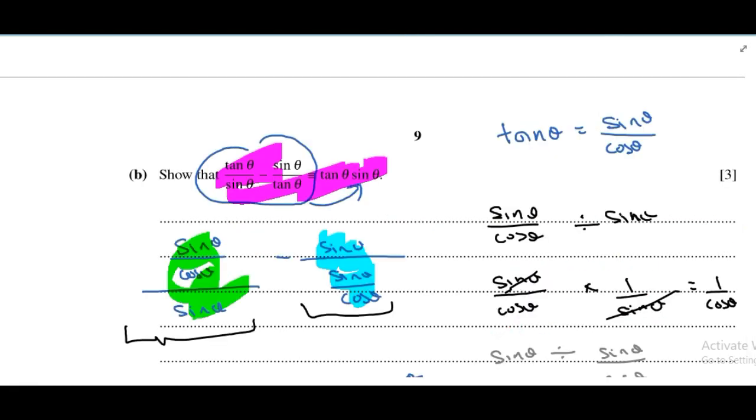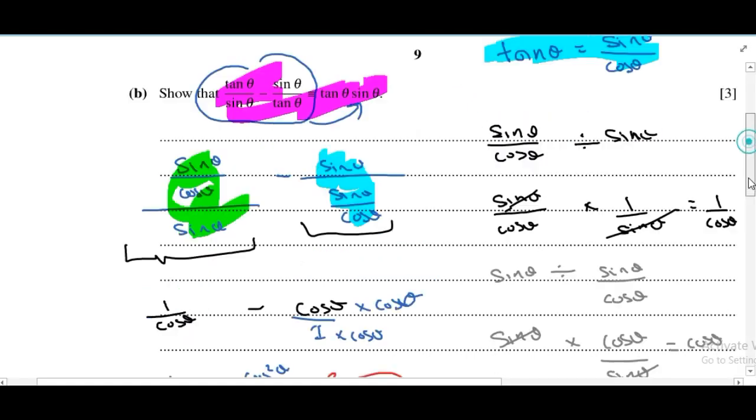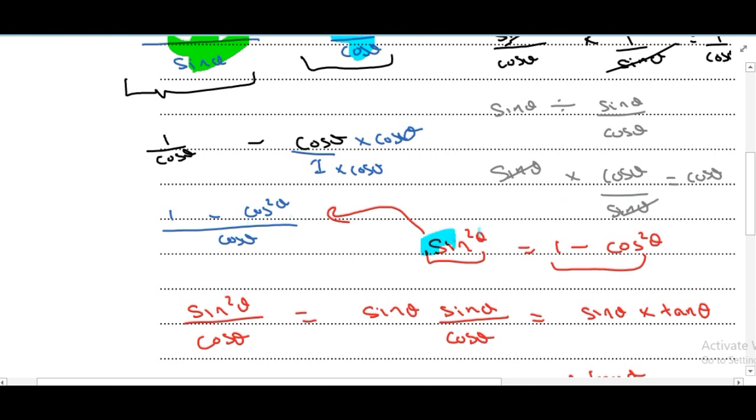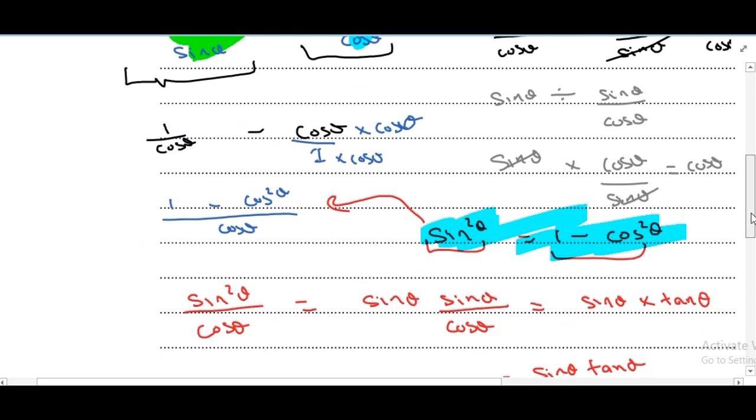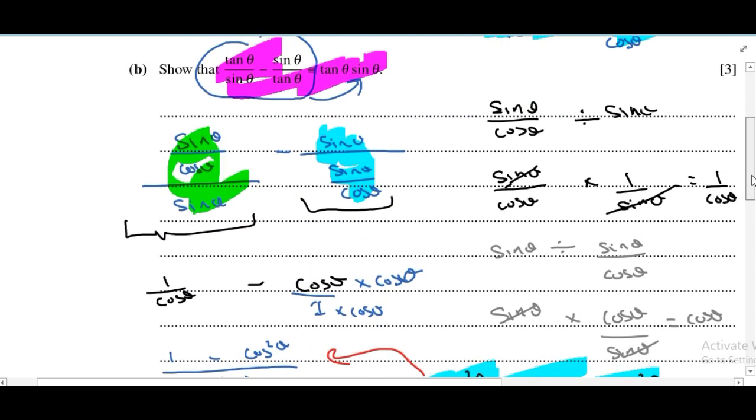We were asked to prove tan theta over sin theta minus sin theta over tan theta equals tan theta sin theta. So we have used two identities again, the same two identities which we used in the previous part. One was tan theta equals sin theta over cos theta, and the other one is sin square theta equals 1 minus cos square theta.